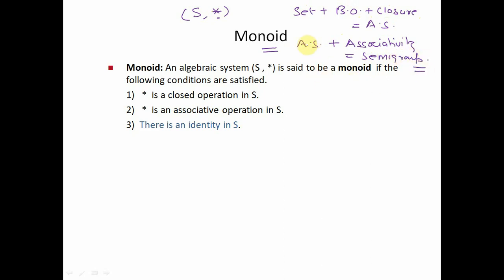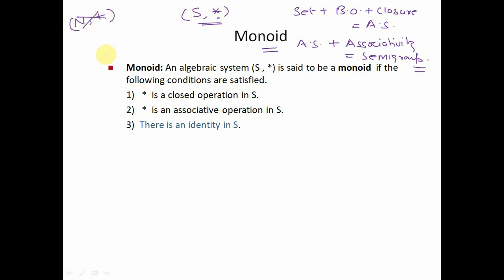And now, if the algebraic structure that I have been given has an identity element, it is not necessary that every algebraic structure will have an identity element. Say for example, the set of natural numbers with addition does not have an identity element. Why? Because for addition, normally the identity element is 0, but 0 is not part of the set of natural numbers.